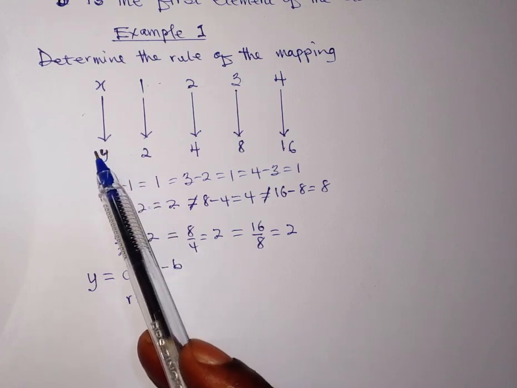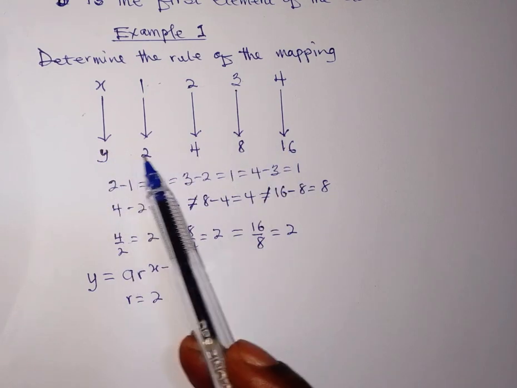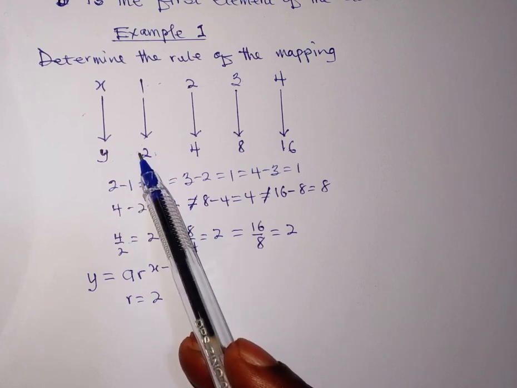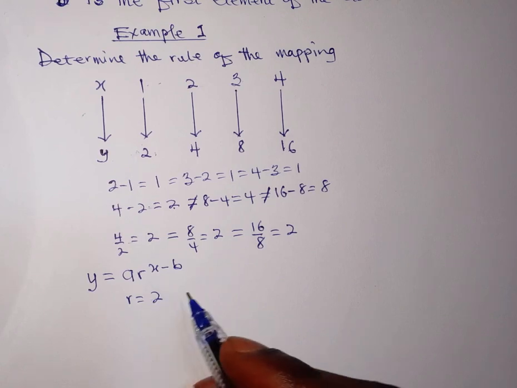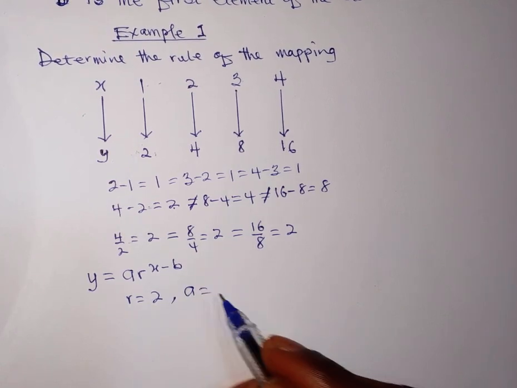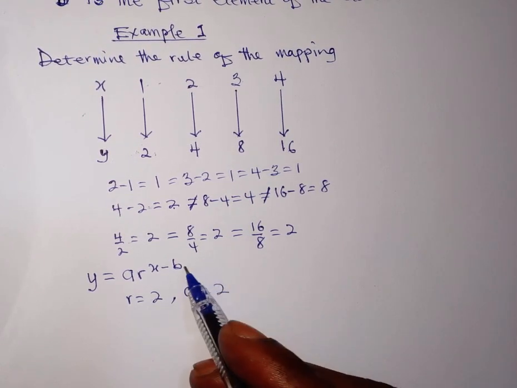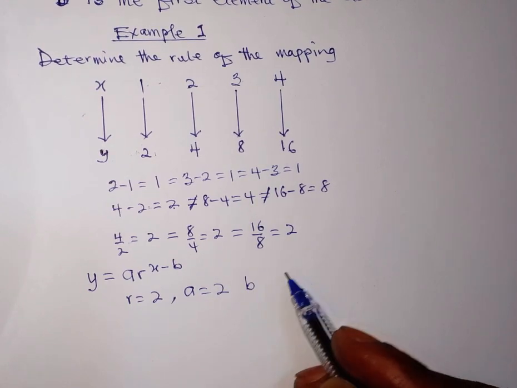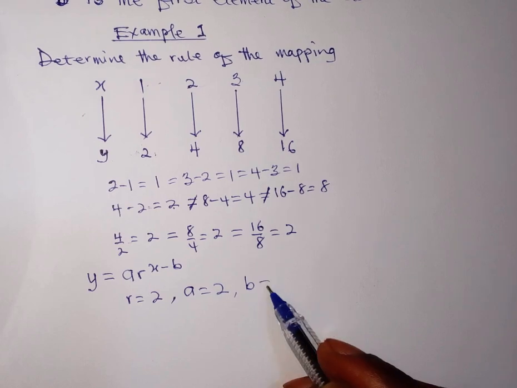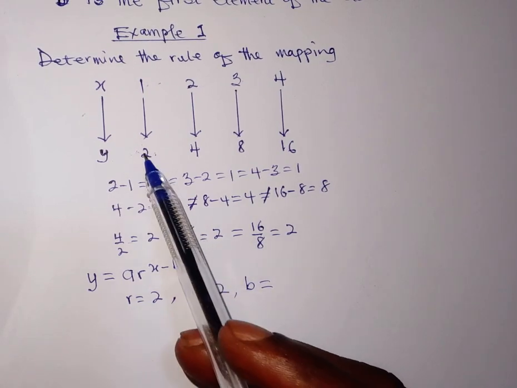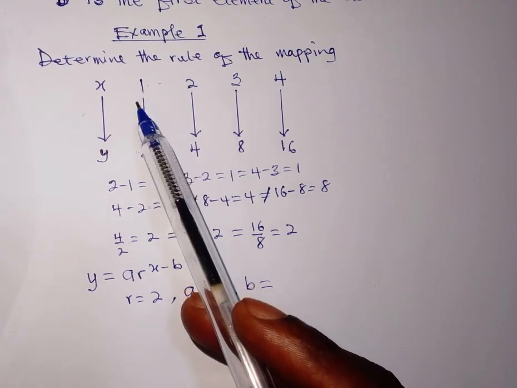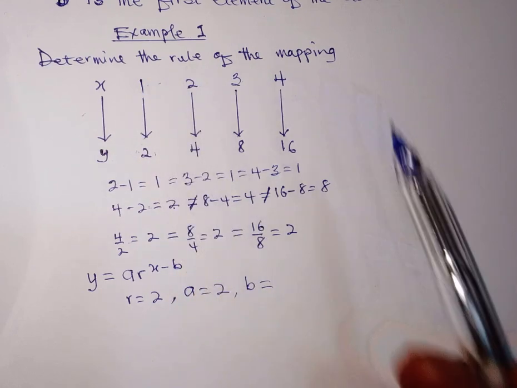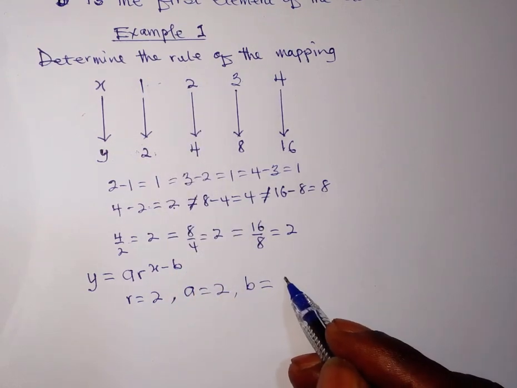What is the first element? 2 is the first element here as the codomain. So my a is also 2. What about b? We say that b is the first element on the domain, and that is 1. So it means my b is equal to 1.